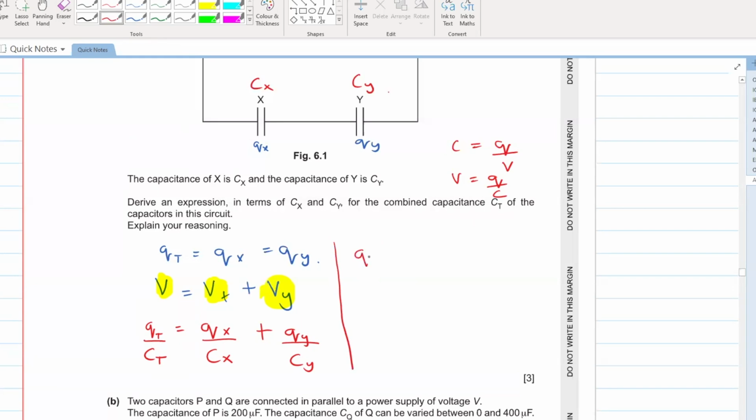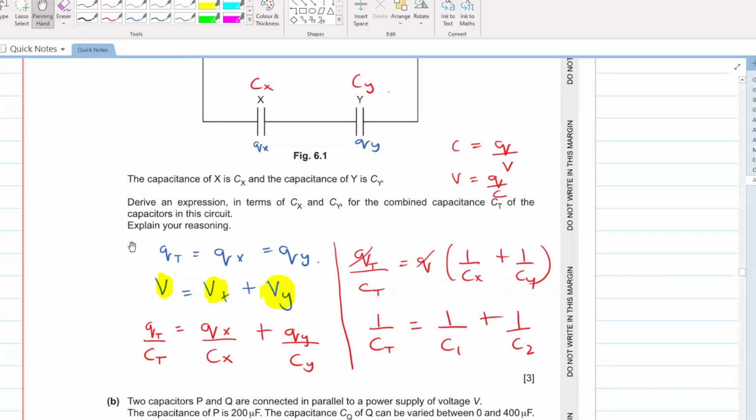Yes, take the charge as common. Qt divided by Ct is equal to charge times 1 over Cx plus 1 over Cy. Charge and charge get cancelled out. 1 over Ct, that is the total capacitance, is equal to 1 over Cx plus 1 over Cy. This is your answer. Simple as that, nothing complicated.